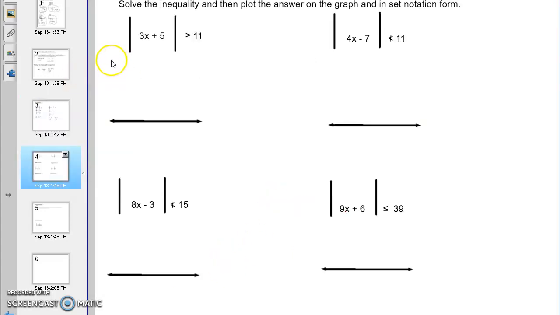Now, absolute values with inequalities, we're always going to set up either two equations or a combined statement. When it's a greater than or equal to, it's two equations.